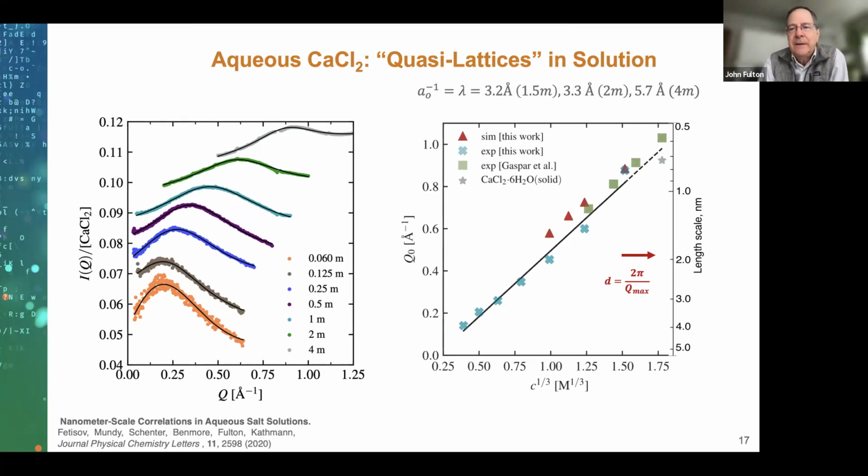If you think of distributing the ions uniformly throughout the solution, the spacing between these ions will follow the concentration to the 1/3. So it's not particularly surprising here, but what's notable is that in dilute systems, getting down to 60 millimolal, we're looking at length scales of 4 to 5 nanometers.